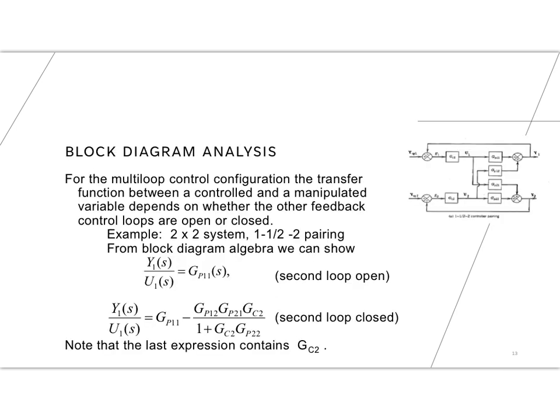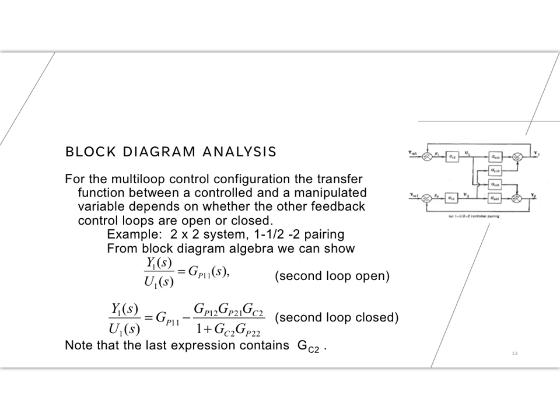If you look at the block diagram analysis, it depends on whether you have all the loops turned on or some turned off. The book goes through the details of the block diagram algebra, but I don't think it's impossible for you to figure out on your own, and you can read the book to understand it better.